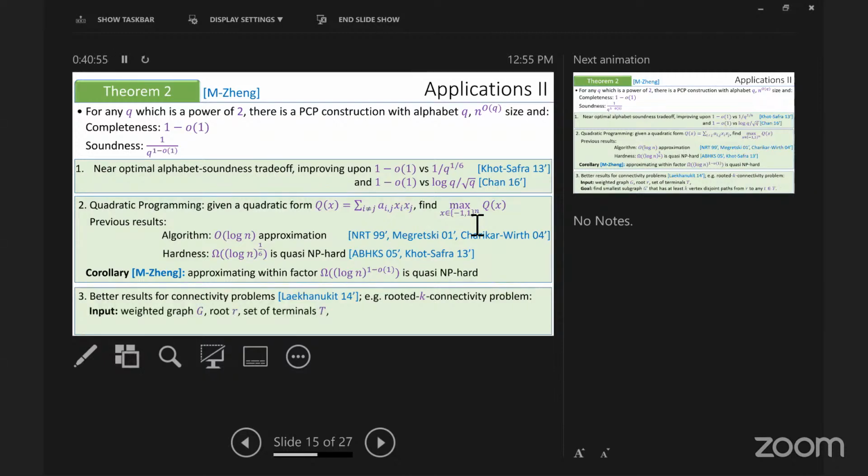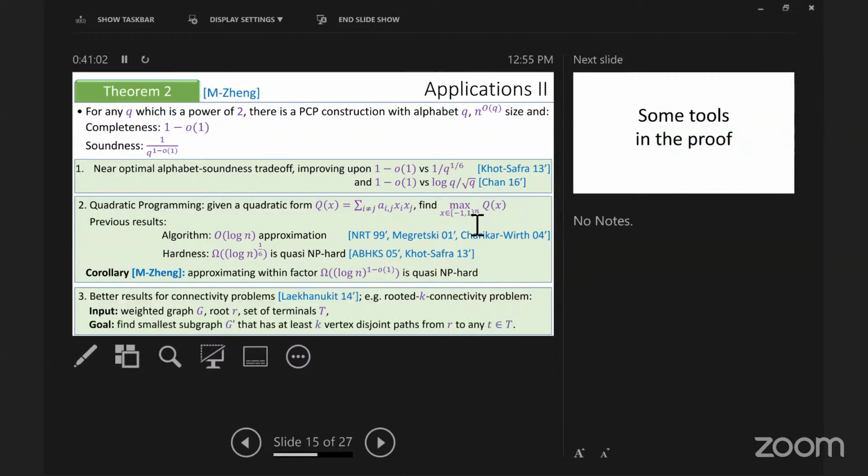So the input is a weighted graph G, some vertex R, and a set of terminals T. And you want to find the smallest subgraph, meaning the cheapest, so that for every terminal in T, there are at least k vertex disjoint paths from R to T. So you are trying to optimize the cost of this G prime, and using this type of result, you can show some hardness of approximation result for this type of problem.